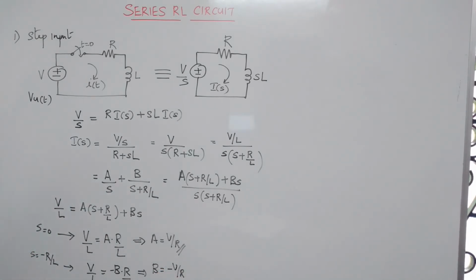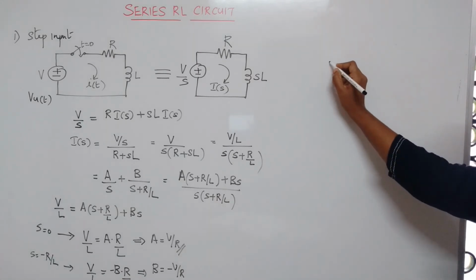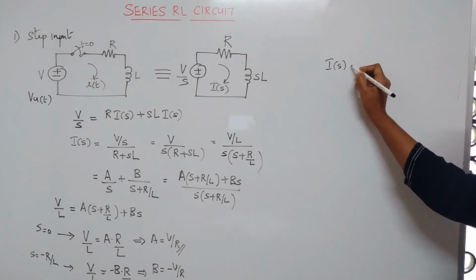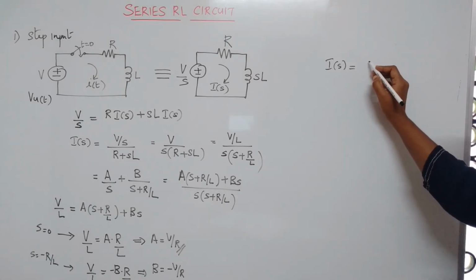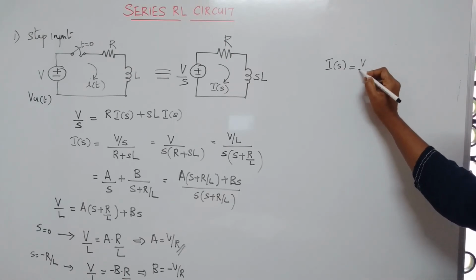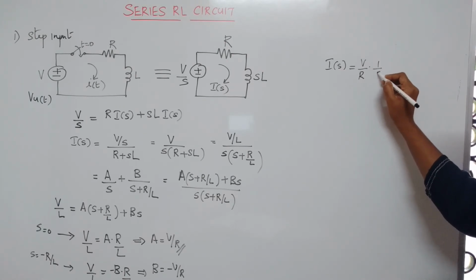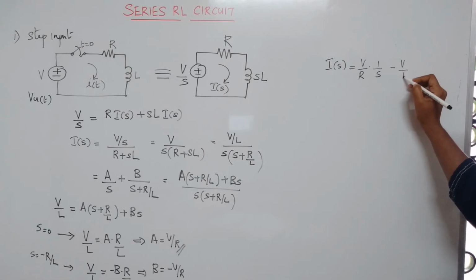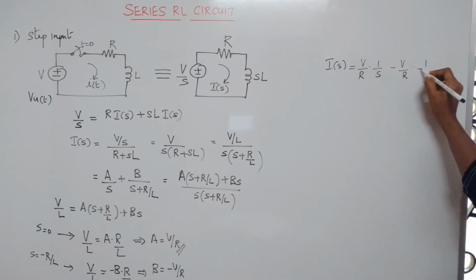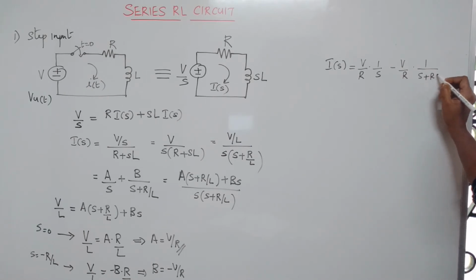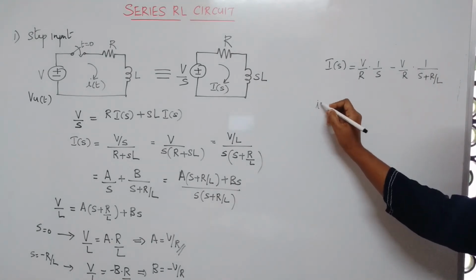So we will get I of S equal to, A is V by R, V by R into 1 by S, B is minus V by R, minus V by R into 1 by S plus R by L. Now we can write the current equation.